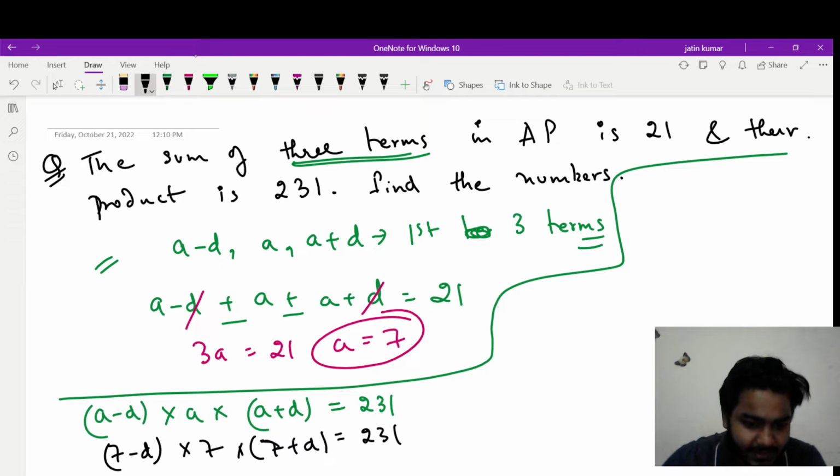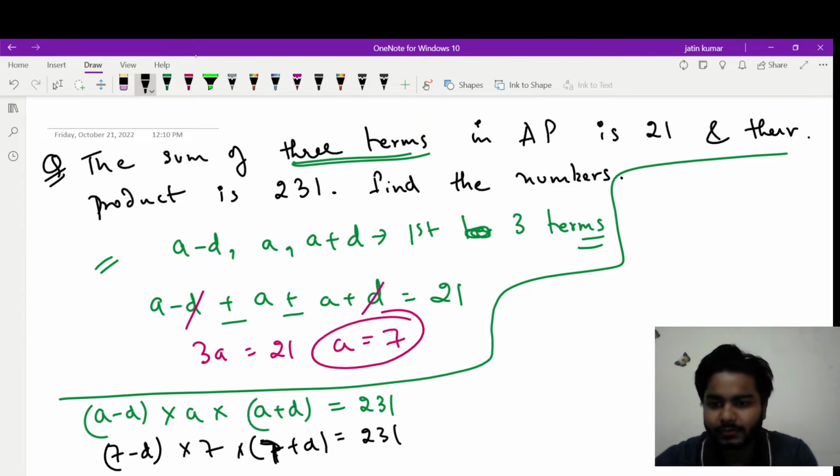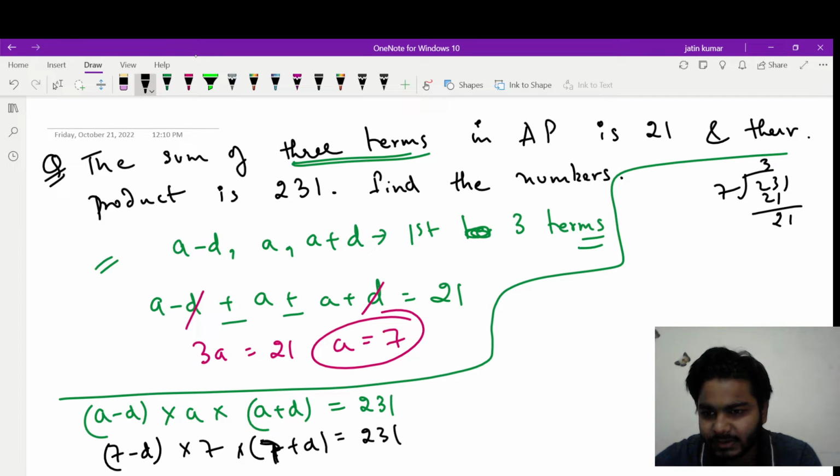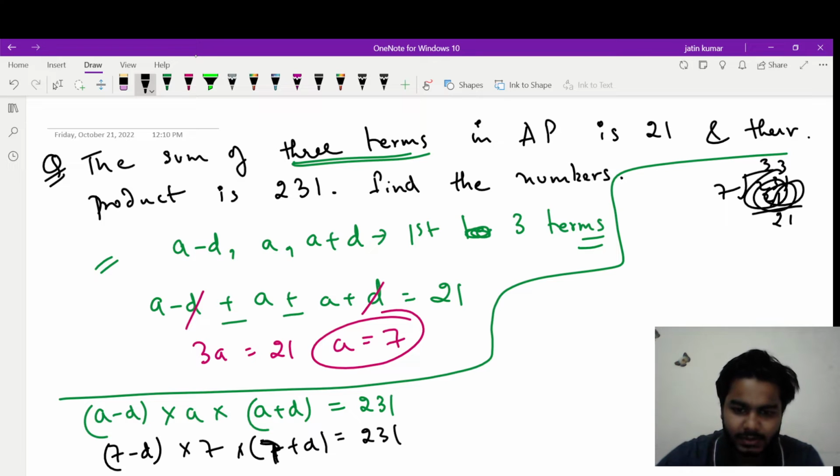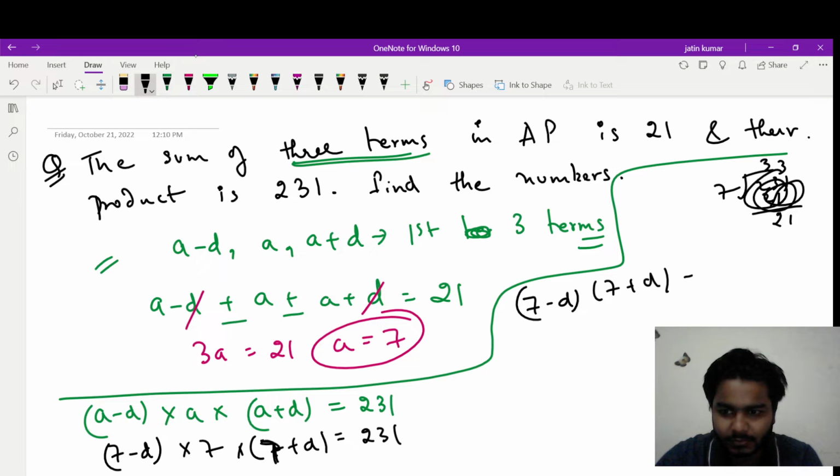So take the 7 below 231. If we divide 231 by 7, we will get 33. So 7 minus d into 7 plus d we will get as 33.